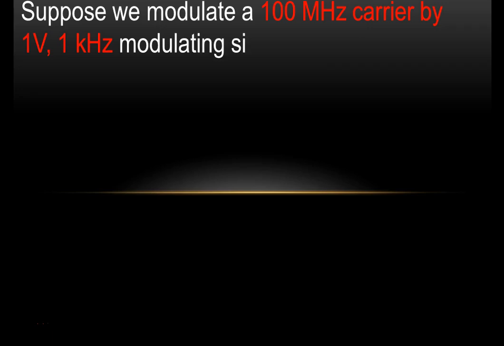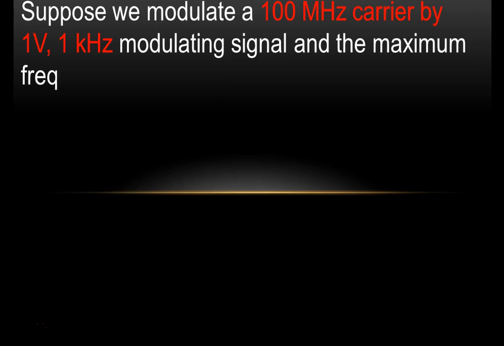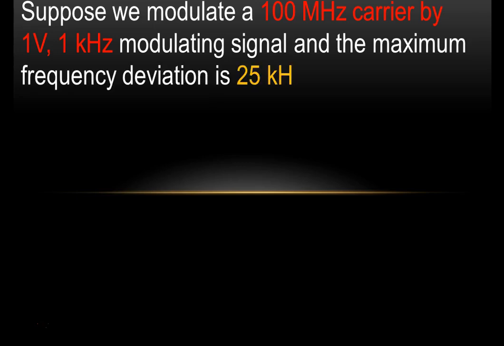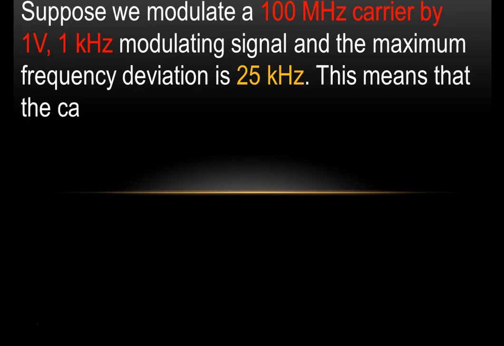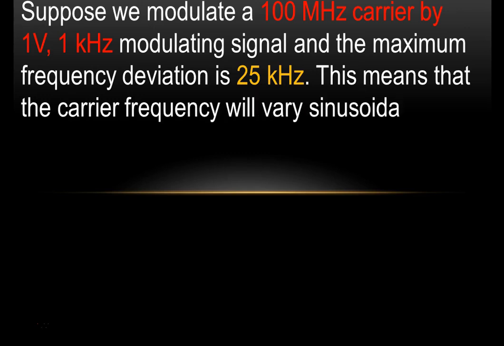So let me take an example. We modulate 100 megahertz. Mega means 10 to the power 6. And that voltage is 1 volt. And the modulating signal is 1 kilohertz frequency. And let the deviation be 25 kilohertz. We give a deviation of 25 kilohertz for this modulating signal.